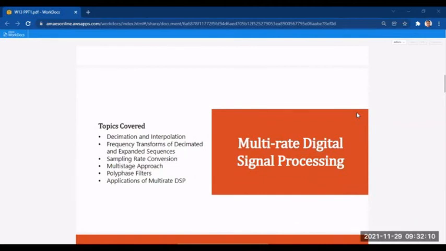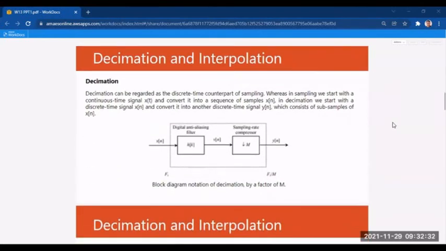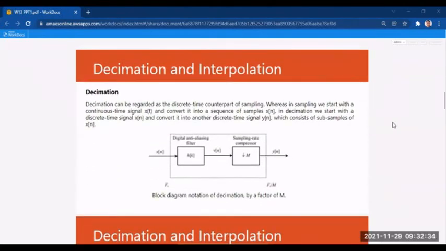Number 1, decimation and interpolation. Number 2, frequency and transforms of decimated and expanded sequences, sampling rate conversion, multi-stage approach, polyphase filters, and applications of multi-rate digital signal processing. So let's start with decimation.